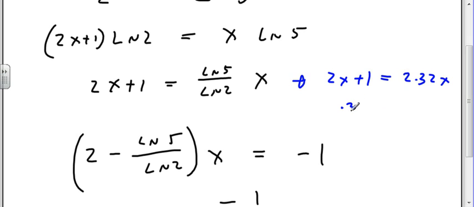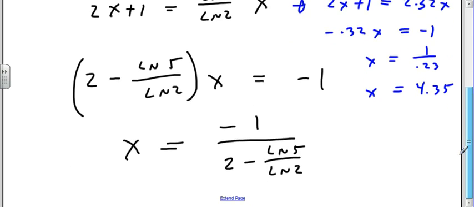So 0.32x with a minus sign is equal to minus 1. X is going to be equal to 1 over 0.32. X is going to equal 1 divided by 0.32. Boom. 3.125.